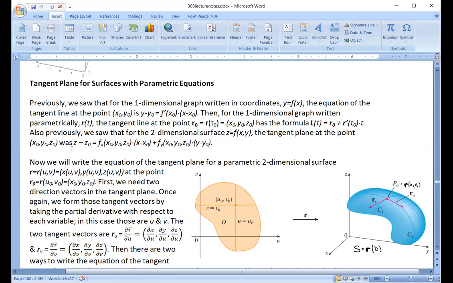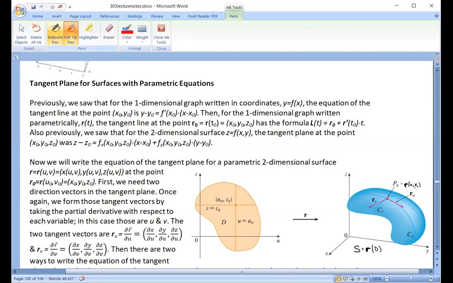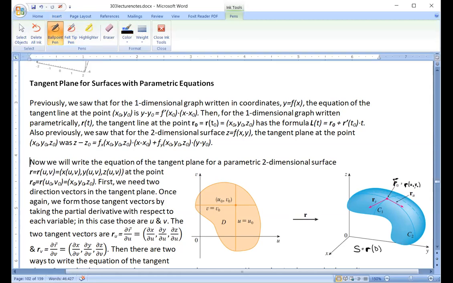Next, by the function r that takes it into our three-dimensional space, which we call x, y, z coordinates, u0, v0 gets mapped to that point. To make this consistent, we were calling this r0, and that's r of u0, v0, so that's that purple or magenta point right in the middle there.